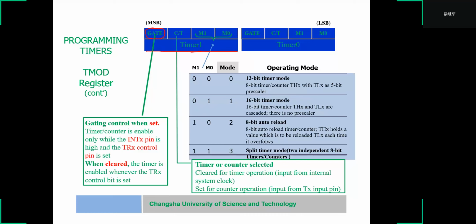When set, the timer or counter is enabled only while the INT X pin is high and the TR X control pin is set. When cleared, the timer is enabled whenever the TR X control bit is set.